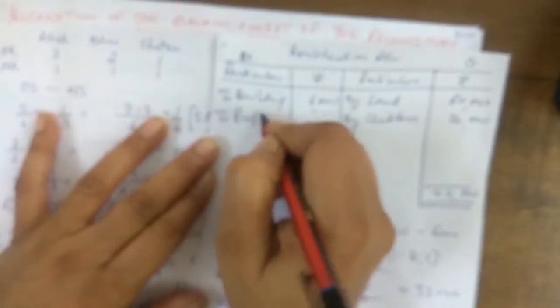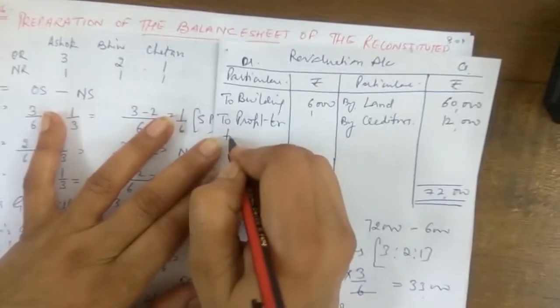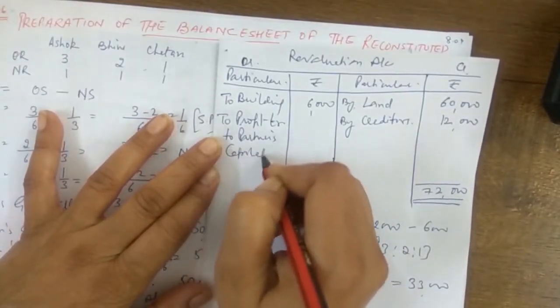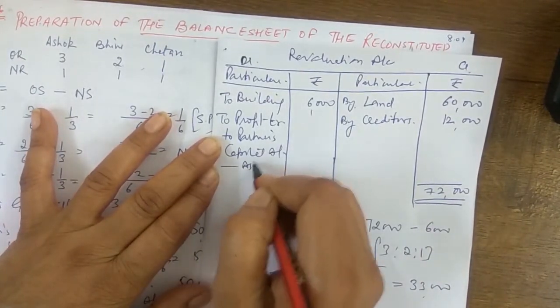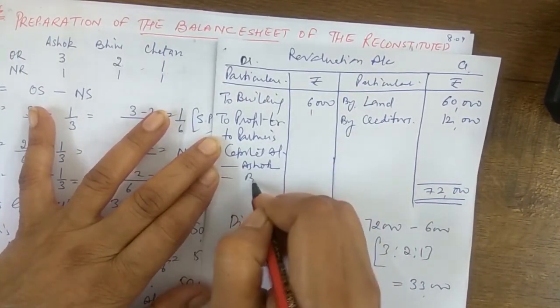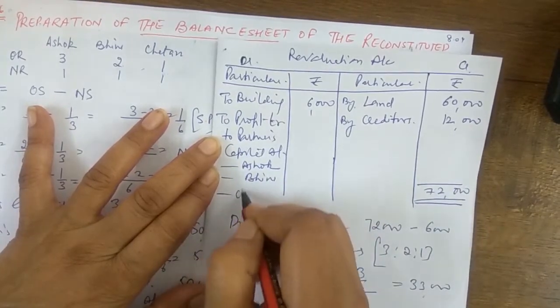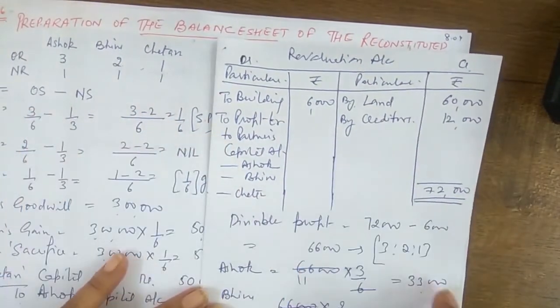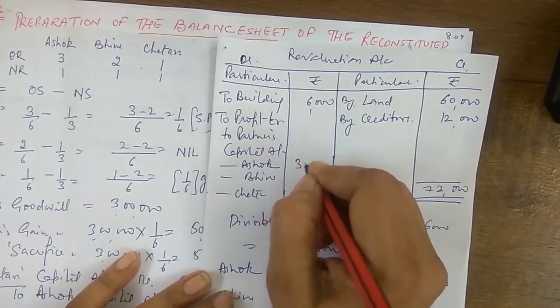What will you write, bache? To profit transferred to partners' capital account. Name of the partner: Ashok, Bheem and Chetan. You will transfer the amount, bache, 33,000, 22,000 and 11,000.